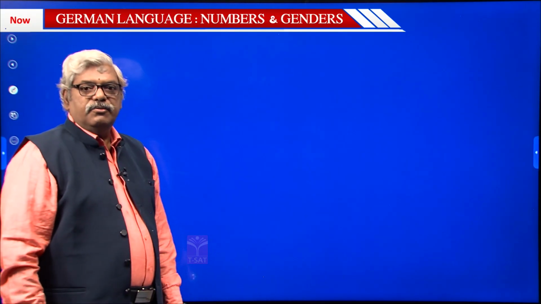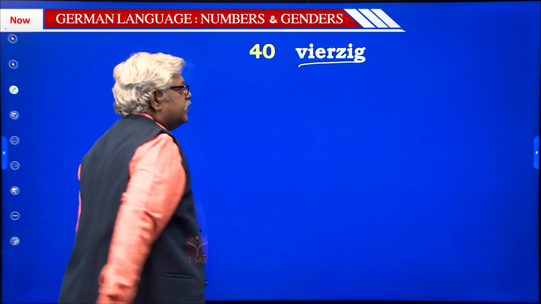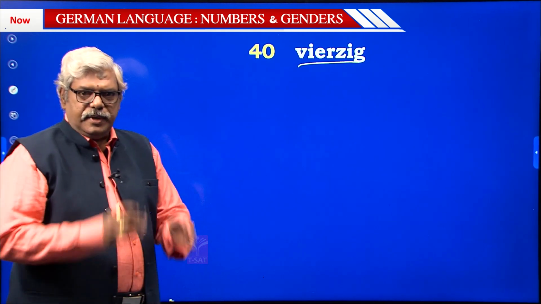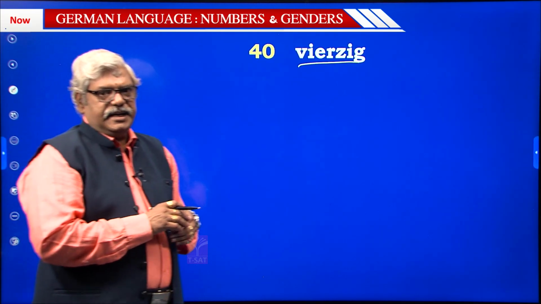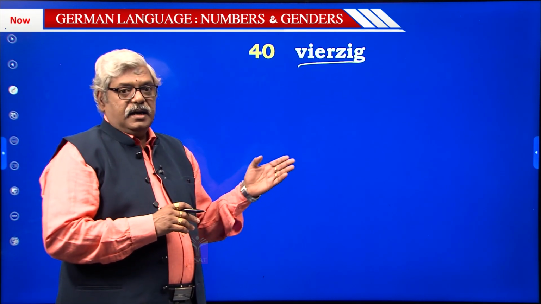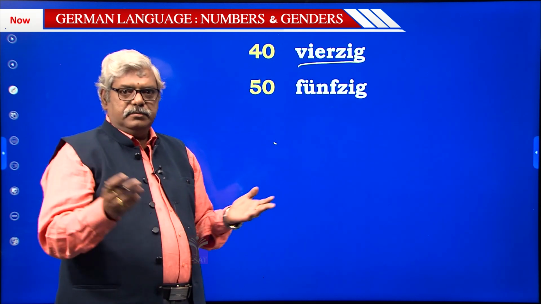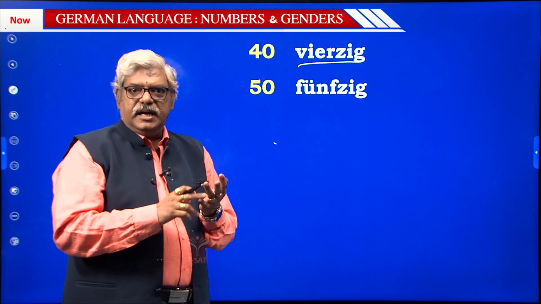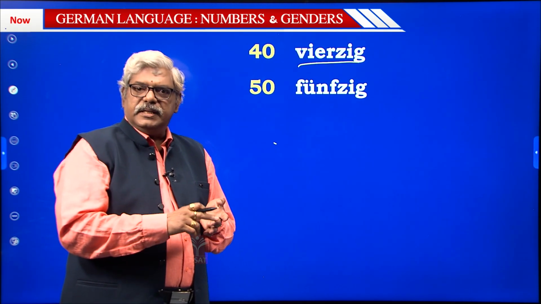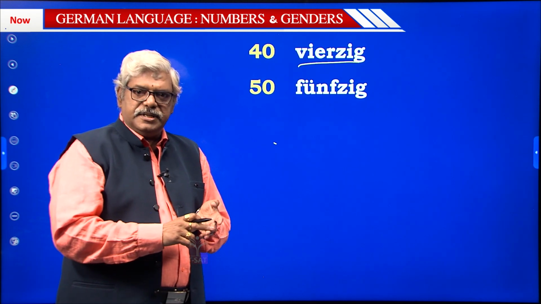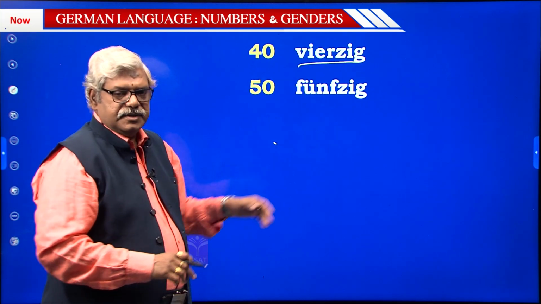Let us see how 40 is given. Once again from here you have the same ending. So now let us see how 41 etc. is given. Once again I am not writing on the board, I am telling you. Ein und forty, 2 und forty, 3 und forty, and so on up to 50.